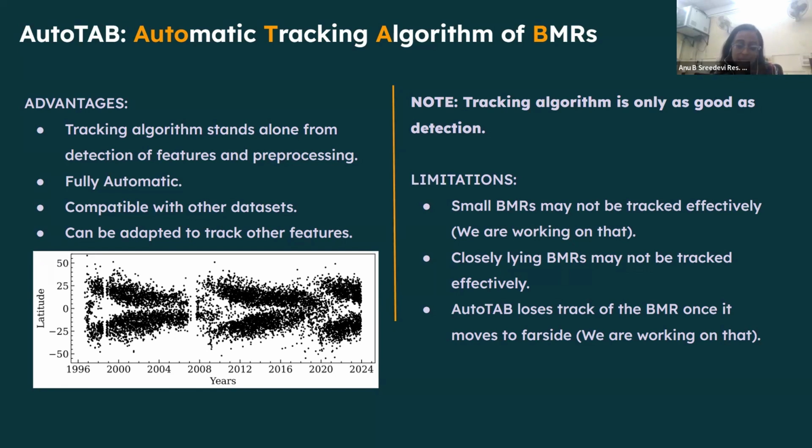AutoTAB also has problems identifying and tracking efficiently closely lying BMRs. That is something we really have to work on. And AutoTAB loses track of the BMR once it moves to the far side, so incorporating far side magnetograms is something we are planning to do.